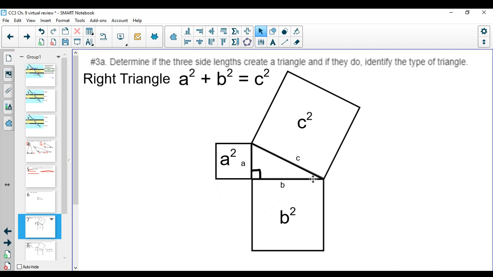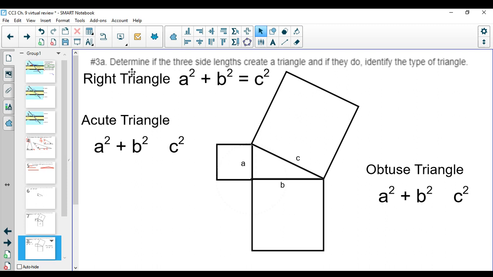And if you think about that short video we had where we had the water that filled up the two smaller squares, and when they rotated the diagram, all the water filled up the largest square? That's one of our proofs of why the two legs squared added together equals the hypotenuse squared. So, what about acute and obtuse triangles?